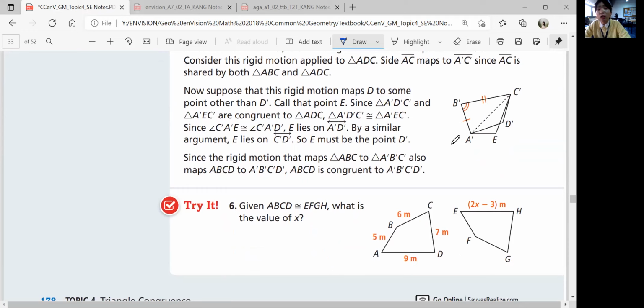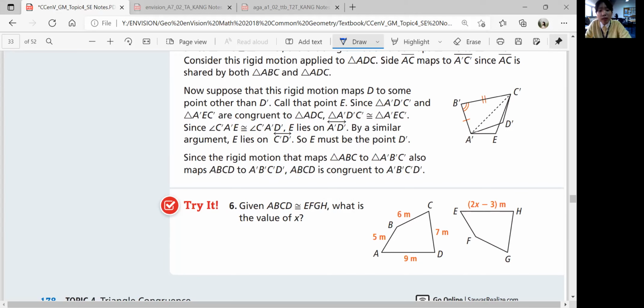So you can determine if the polygons are congruent by using the triangles. So cut the polygons in half or in 4 pieces, or however many pieces you like to make triangles that are congruent. So let's look at try number 6.